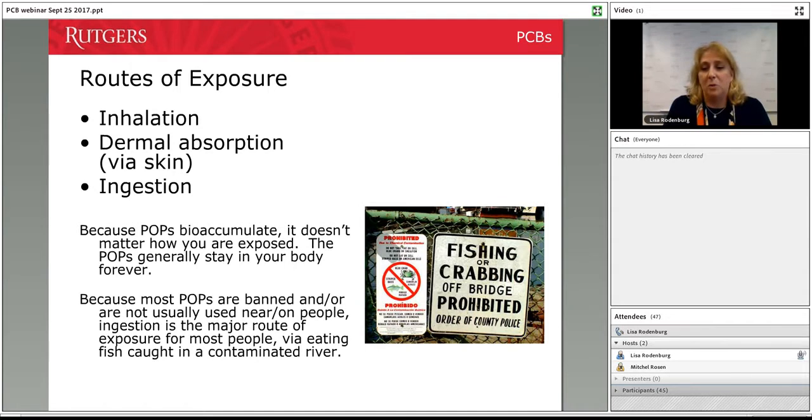And again, if you happen to work in a building that's contaminated and you have children who are running around touching all the contaminated caulk and adhesives and things that were used to build the building, they can absorb PCBs through their skin. The dermal absorption was also a big problem with the carbonless copy paper, because you know how people are always touching their mouth and then leafing through pages of documents. That hand-to-mouth contact was resulting in a lot of exposure of PCBs through carbonless copy paper.